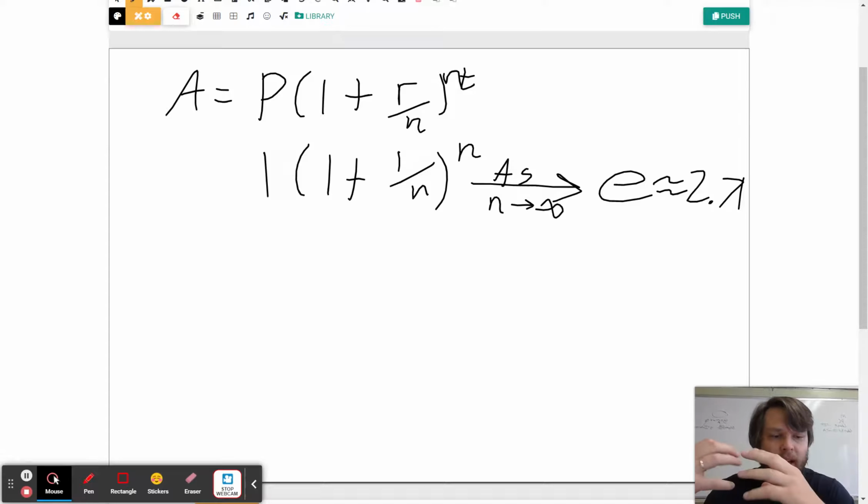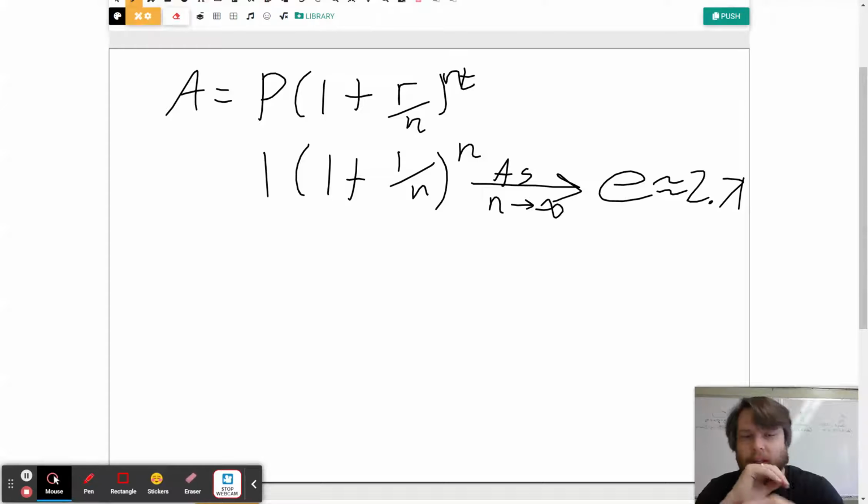It's a symbol, it has meaning, it's an ugly decimal, but it is just a number, it's not a variable. And just like you get the number pi from this natural thing of dividing a circle by its diameter, you get the number e from this sort of natural question of what happens if you compounded it an infinite number of times? It turns out you get the number e.